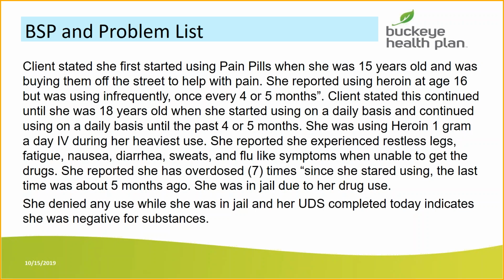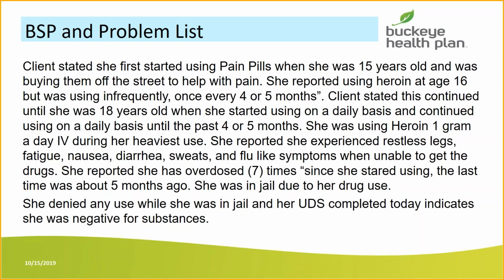All right. So this is a summary of the biopsychosocial assessment. And so we're trying to do those ASAM steps. So we're looking at going from step 4 to 6, I should say.